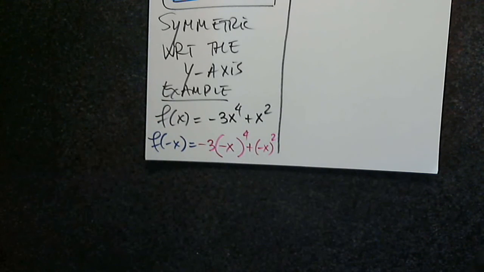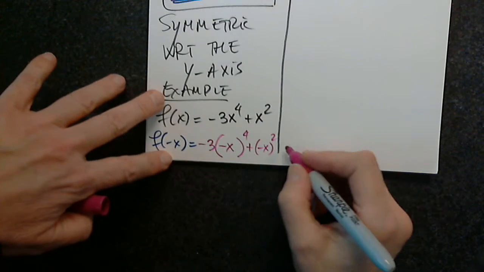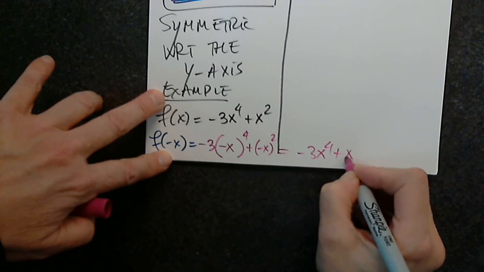Of course, this is it. All I have to do is just evaluate. F of whatever equals negative 3 times whatever to the fourth plus whatever squared. Okay, so can anyone give us negative x squared? How much is that? And negative x to the fourth, how much will that be? So negative x to the fourth is what? And negative x squared? Yes, of course. So this is negative 3x to the fourth plus x squared.